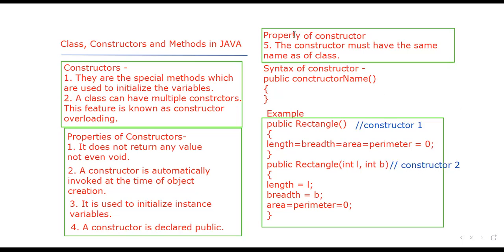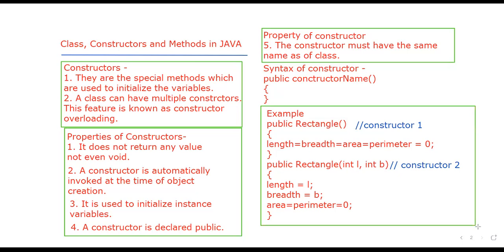So here you observe that there are 2 constructors I have used, and I can have a number of constructors as I want in my program. I can have as many constructors as I want as per the need of my question.